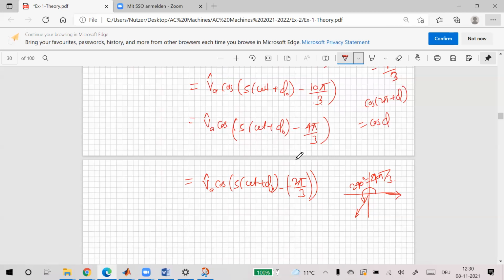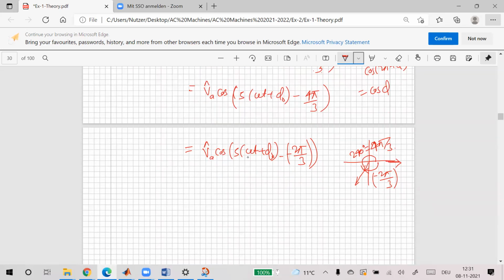I write 4 pi over 3 as minus 2 pi over 3. It's the same thing, right? You go 240 degrees anti-clockwise or you go 120 degrees clockwise. And of course, this minus multiplies and gets positive.